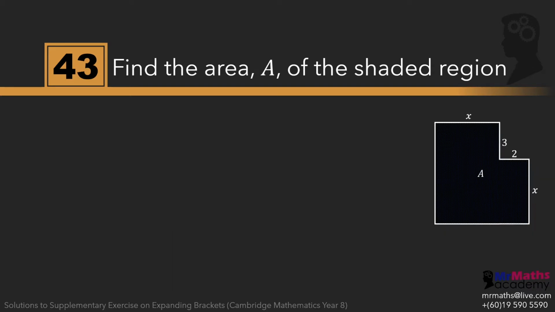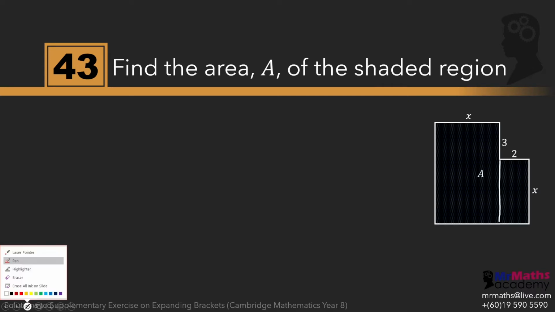As you can see, the questions are getting tougher and tougher. This is not a rectangle, but we can make it become two rectangles. What do I mean by that? I can divide this shape into two rectangles if I put a line here. So now we have two areas.